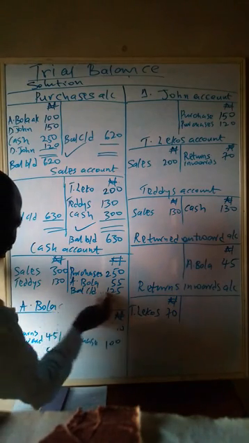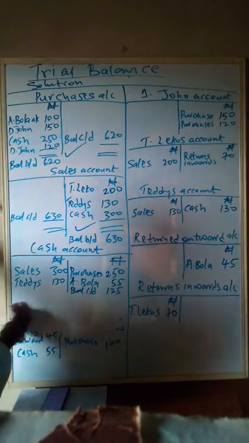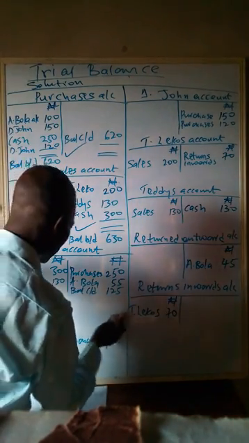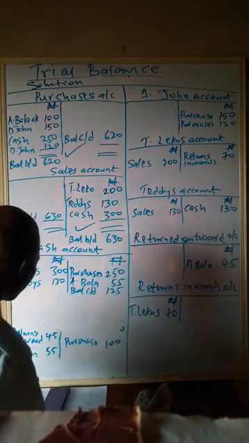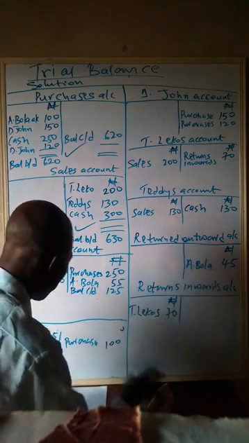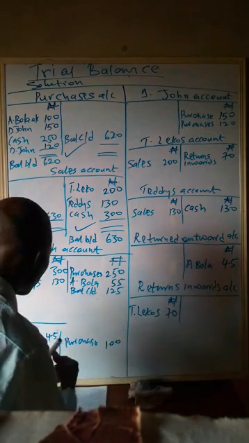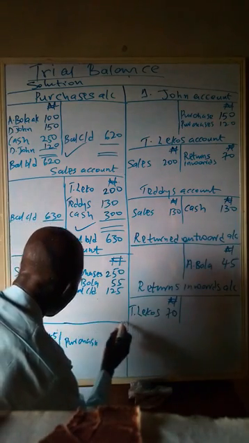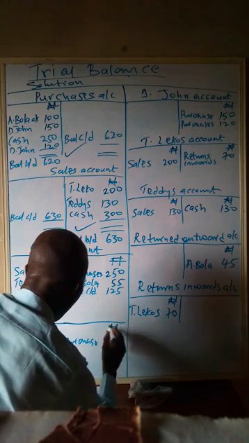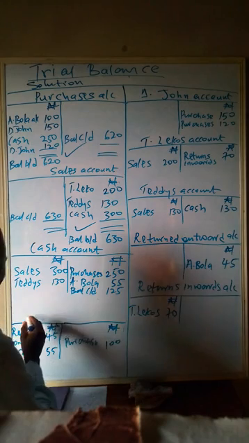And that is Bola's account. Because of space, that's why I'm adjusting. Then I have it here, that is Bola's account.